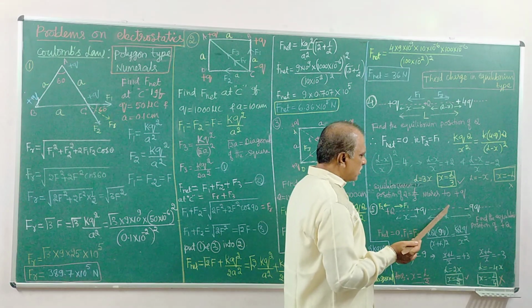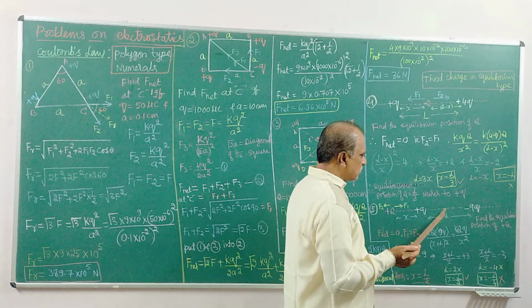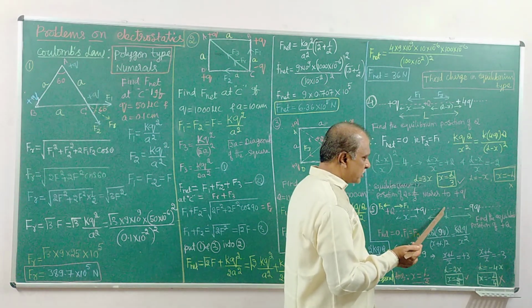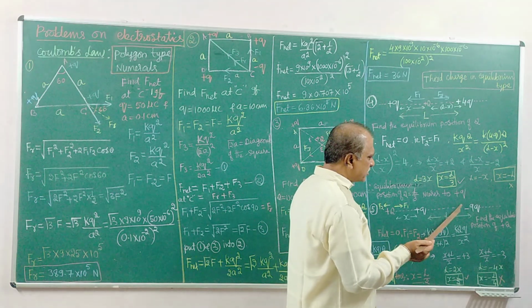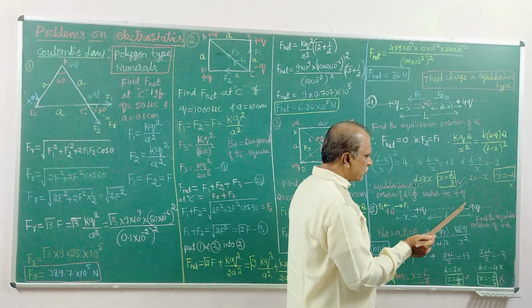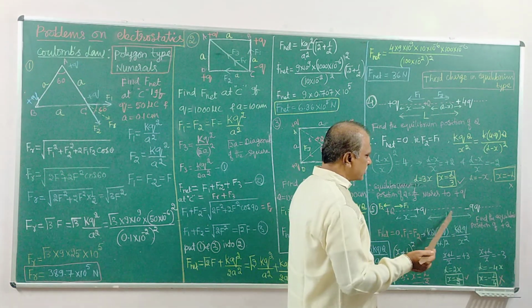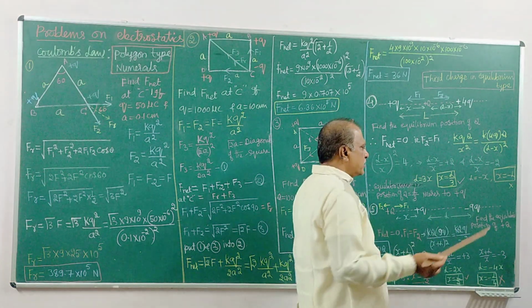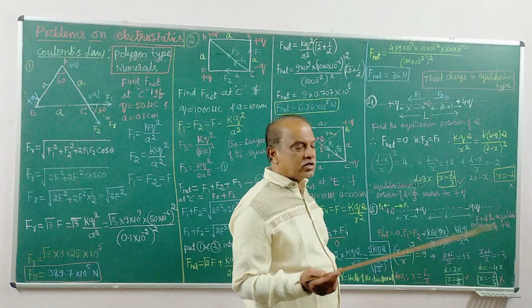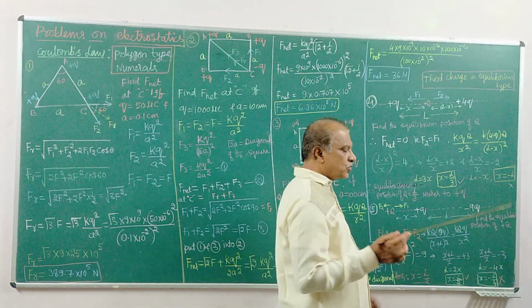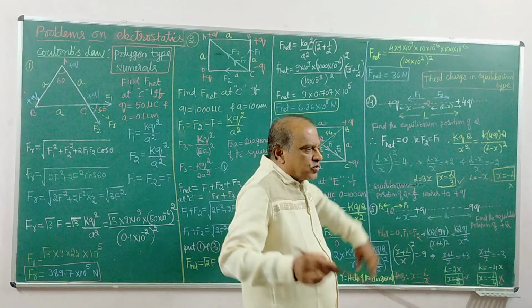If you keep Q in between, the direction of the force remains the same. Pulling towards this by attraction and away from this. Same direction means the equilibrium position is not in between, because you should have two forces in the opposite direction.